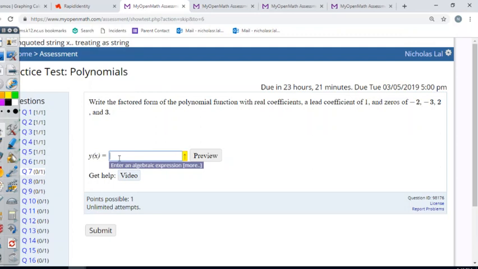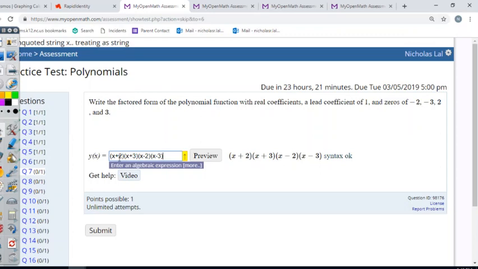If you have a zero of negative 2, your factor is x plus 2. A zero of negative 3, your factor is x plus 3. A zero of 2, your factor is x minus 2. And a zero of 3, your factor is x minus 3. So x plus 2, x minus 2, x plus 3, x minus 3.